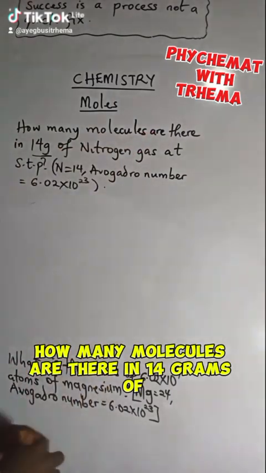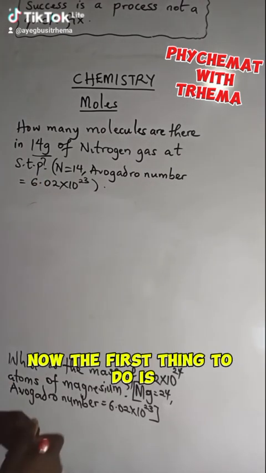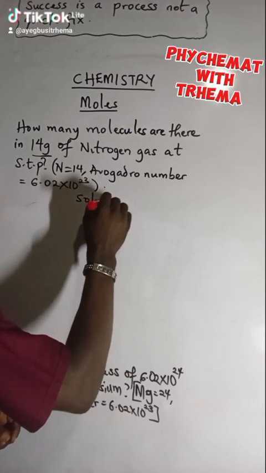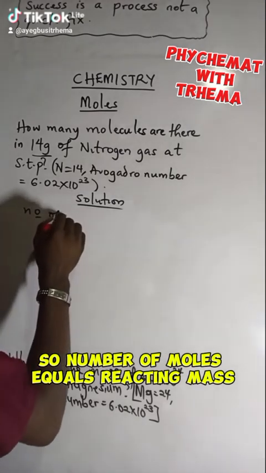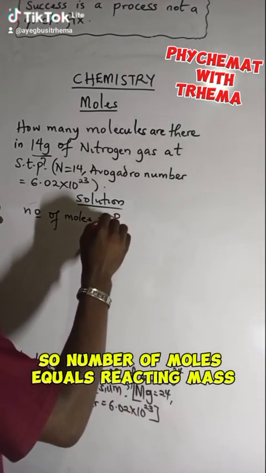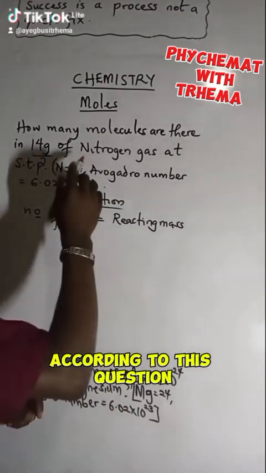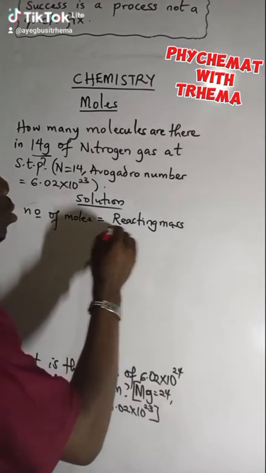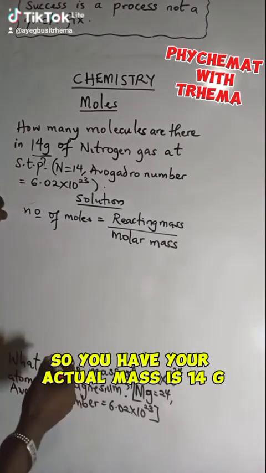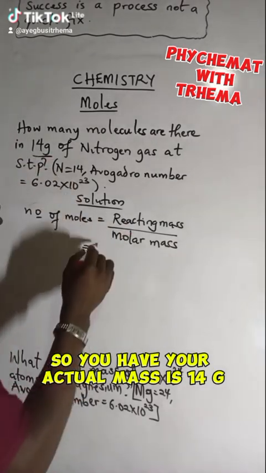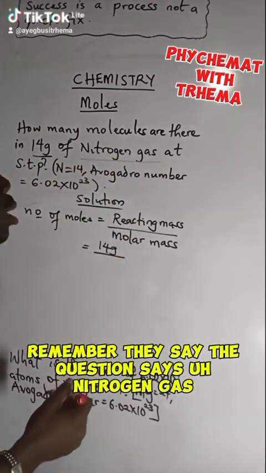Right, so let's look at this. How many molecules are there in 40 grams of nitrogen gas at standard temperature and pressure? The first thing to do is find the number of moles. We're given the reacting mass, so number of moles equals reacting mass, the mass used to react, divided by molar mass. Your reacting mass is 14 grams, while for the molar mass, remember the question says nitrogen gas.